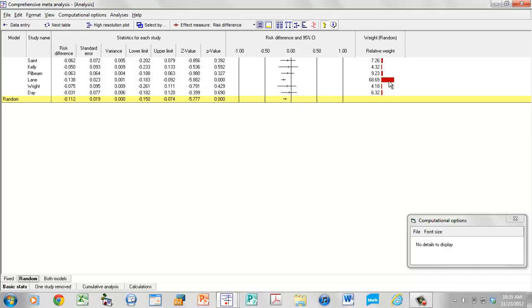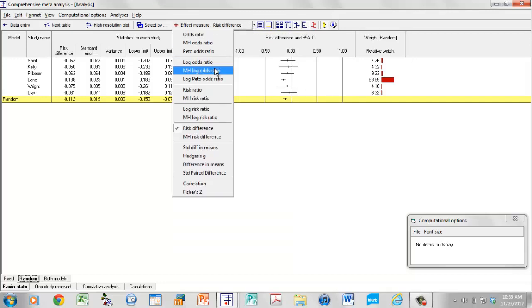You can also see, by the way, that when we are working with risk differences, the amount of weight assigned to this study is substantially larger than the amount of weight that had been assigned to this study when we were looking at risk ratios or odds ratios.